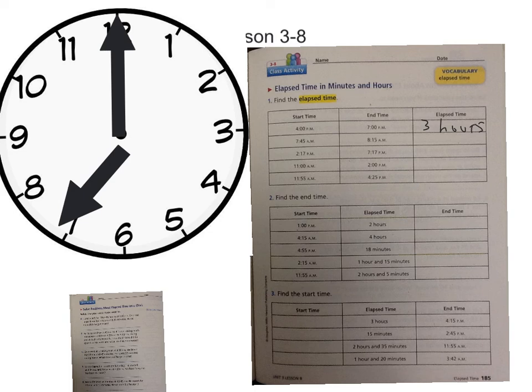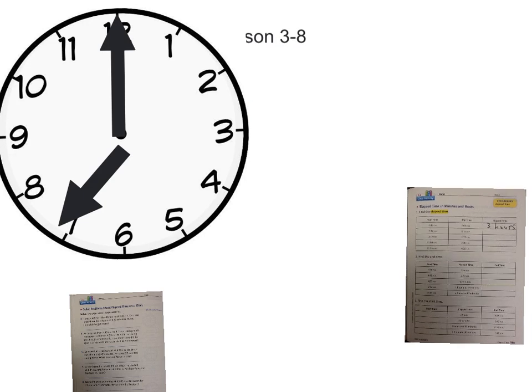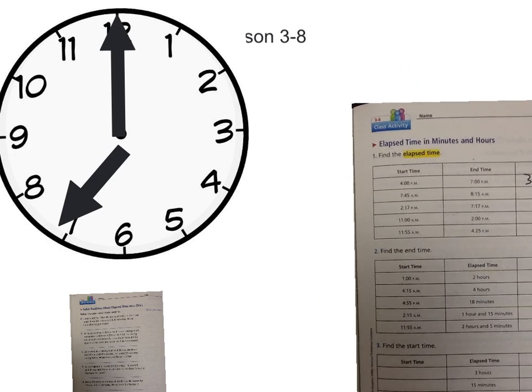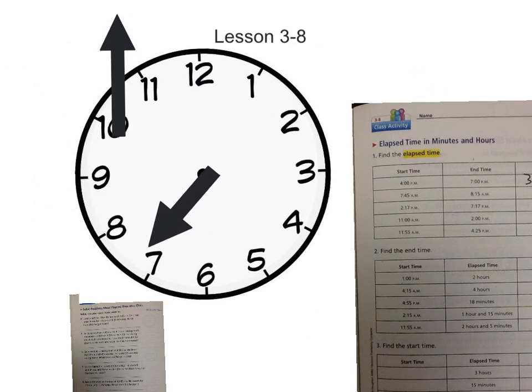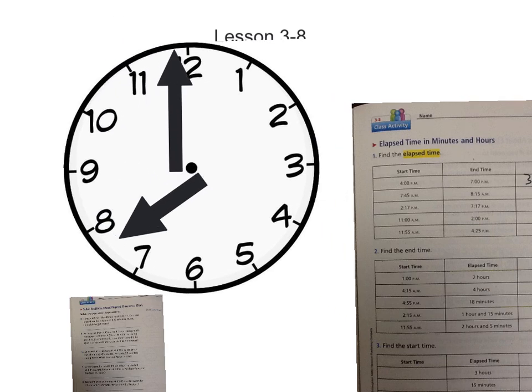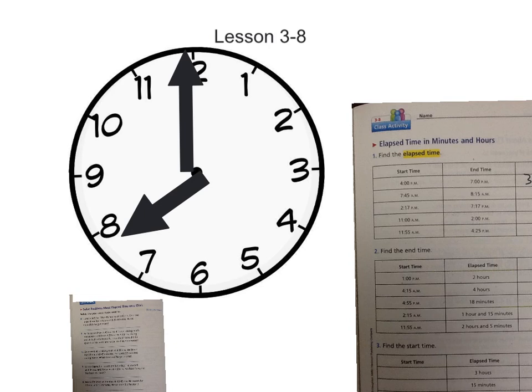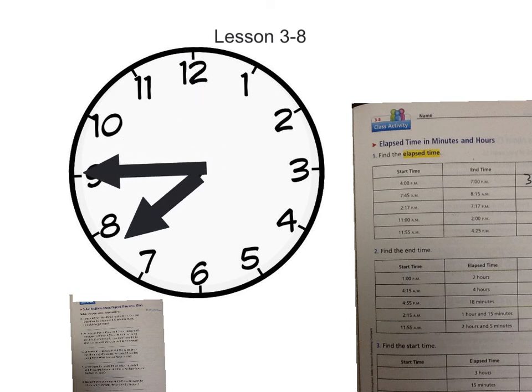Okay, the next one, 7:45, is when it started and ended at 8:15. So I'm going to shrink this down. It started at 7:45, ended at 8:15. See, I'm going to struggle with this, so just bear with me. Started at 7:45, and I know to put that small hand in between the 7 and 8 because 7:45 is creeping up on 8. Okay, so we're going to count.